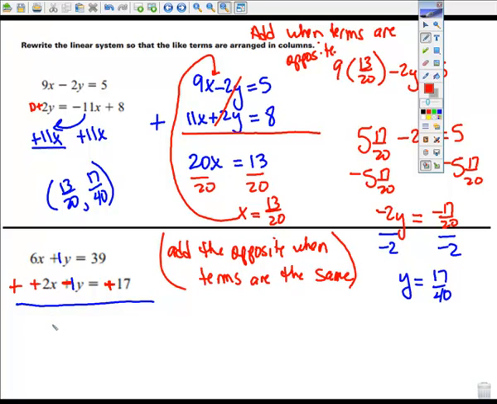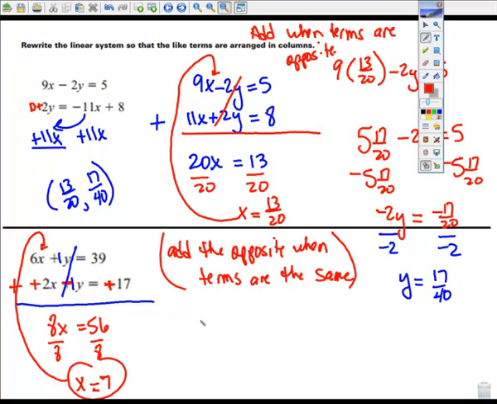So I have 6x plus now a positive 2x is 8x. These terms eliminate because I have a positive y plus a negative y. And that equals 39 plus 17 is 56. Now I divide by 8 to solve this equation. X equals 7. This x equals 7 goes back into the top or bottom equation.